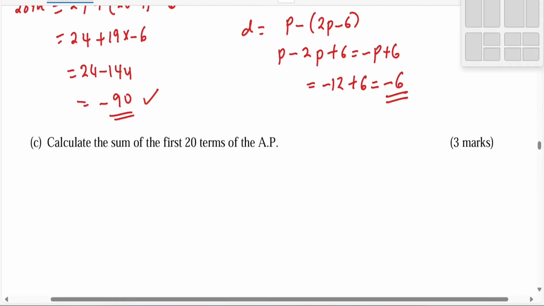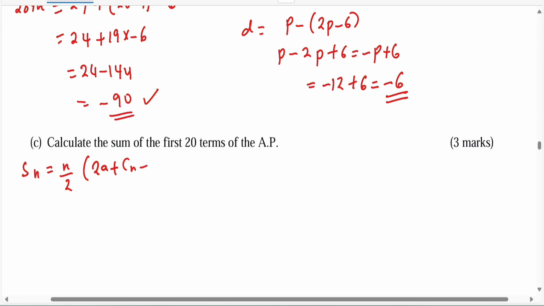Question C, the last question. So calculate the sum of the first 20 terms of the AP. How do you find the sum? Simple. The sum is given by n over 2 into bracket 2a plus n minus 1 times your common difference.